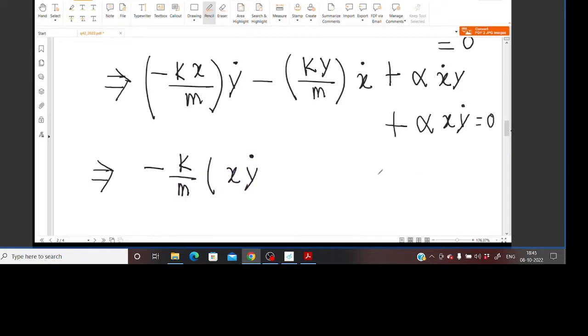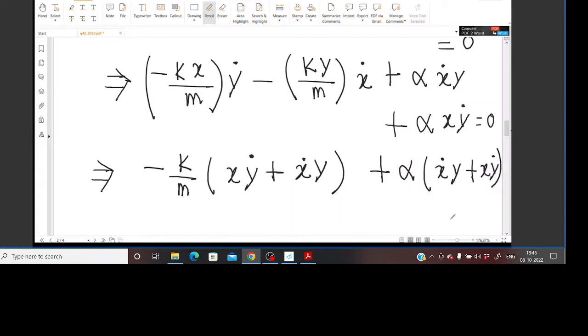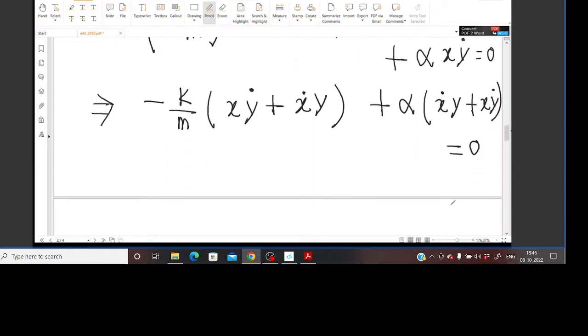After some simplification, we obtain minus k by m into x y dot plus x dot into y, plus alpha into x dot into y plus x into y dot, equal to 0.